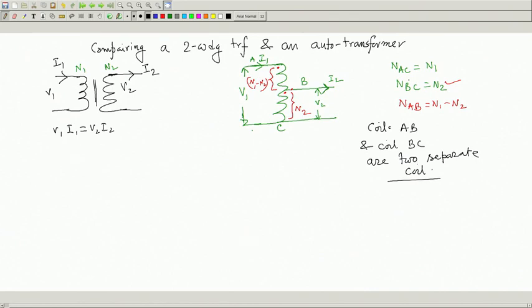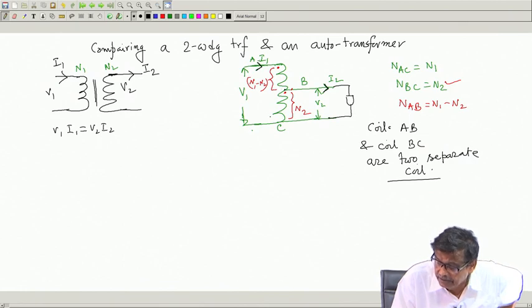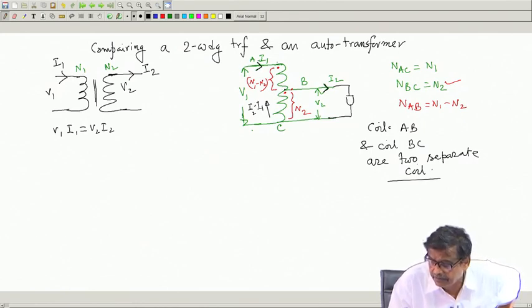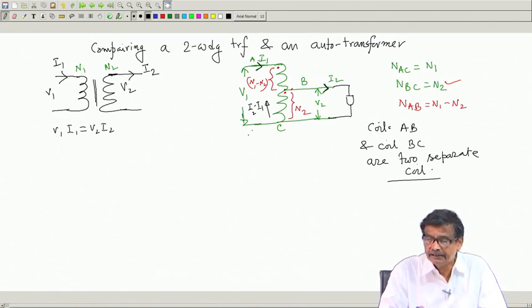In other words, suppose the current is I1, and the current delivered to the load, where the load is connected, is I2, then this is I1, this is I2, then apply KCL at this point, this current I will write I2 minus I1. Is it not I2 minus I1 plus I1, I1 will cancel and it will give you I2. KCL I have applied. This is the situation.